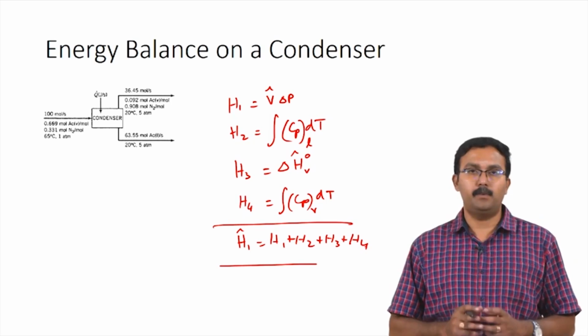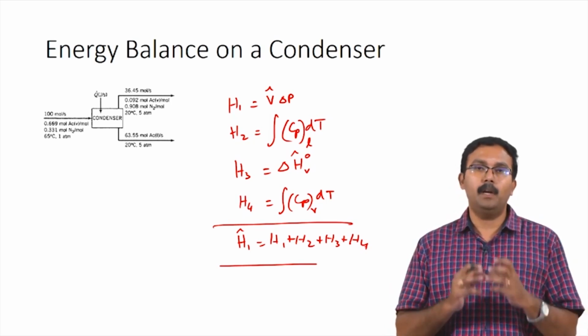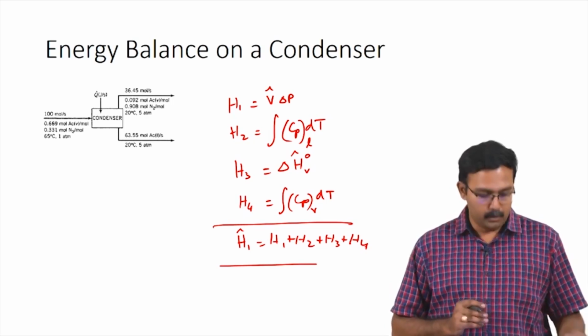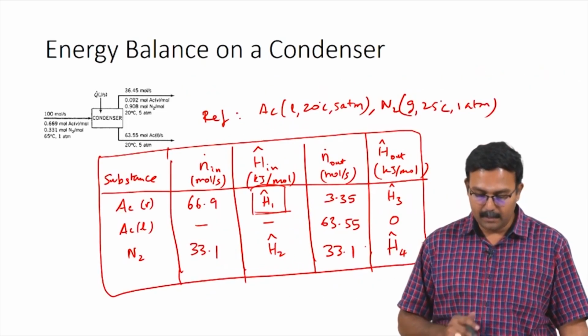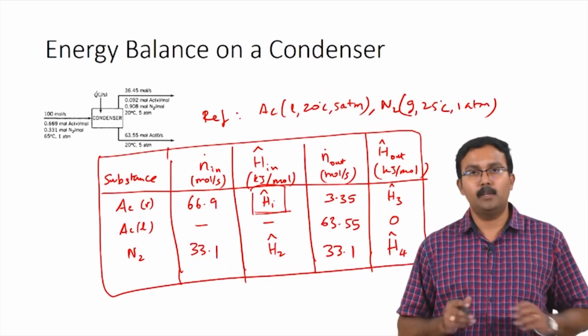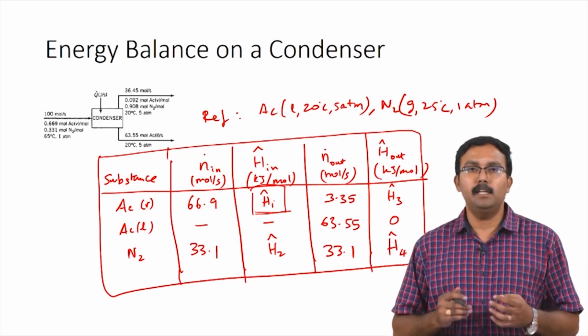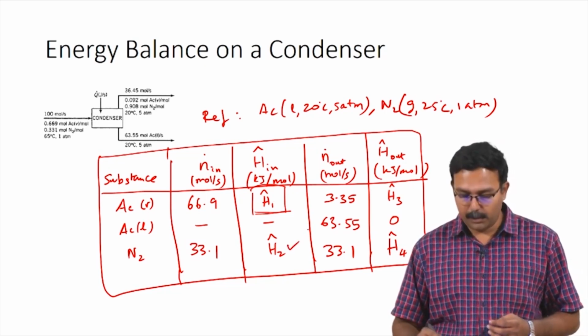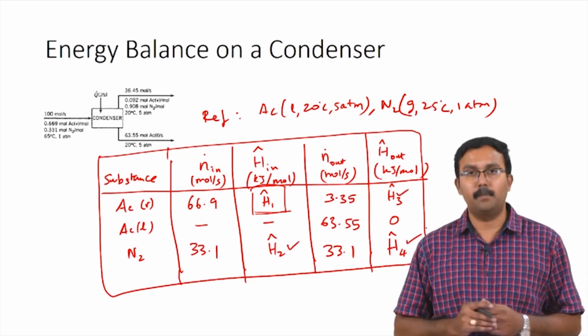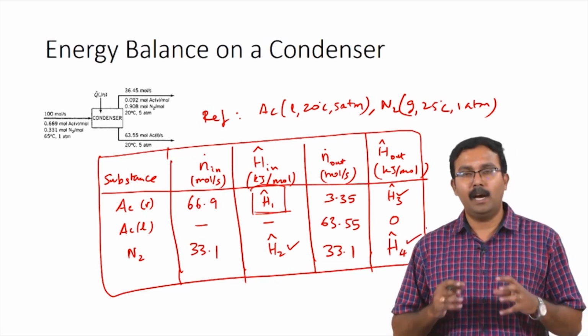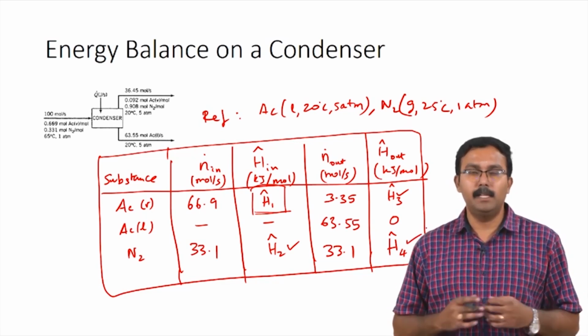Now that you have H1 cap, you have filled one value in your table. So, the table which you had, this value H1 has now been calculated. Similarly, you might have to perform calculations for H2 cap, H3 cap and H4 cap. Once you have all these values, your table is complete.